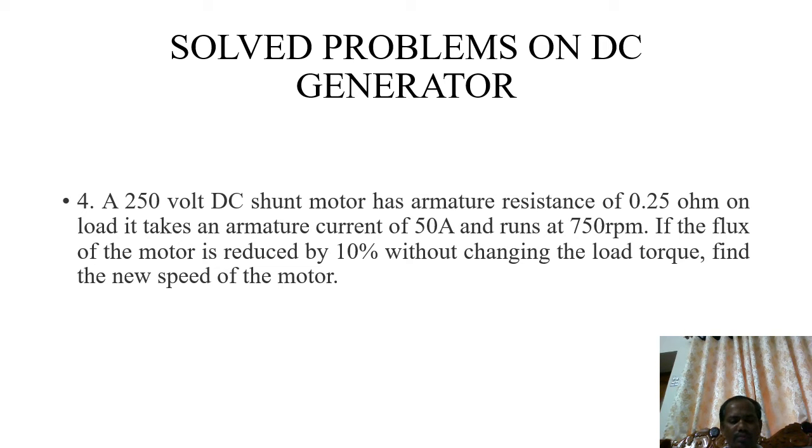On load it takes an armature current of 50 ampere and runs at 750 rpm. If the flux of the motor is reduced by 10% without changing the load torque, find the new speed of the motor.